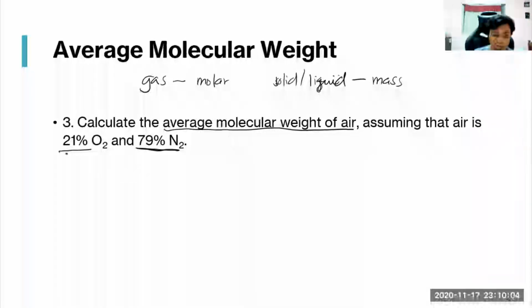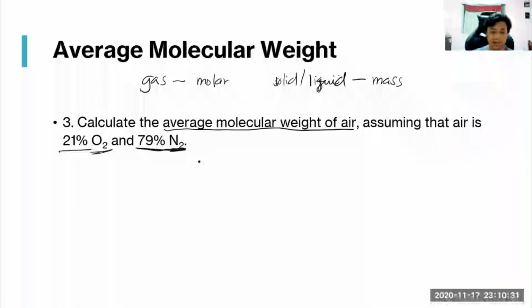Okay, so here we are given the percentages of gases, but we don't know the basis. But we know that oxygen and nitrogen are gases. So we will use the molar basis now. So how do we calculate the average molecular weight of air?